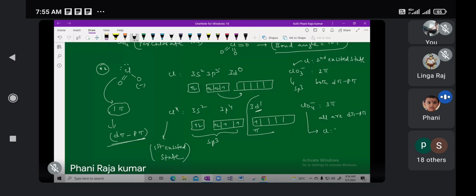Here chlorine is in the third excited state. Here also chlorine is sp3. It's an important point, the number of d pi p pi bonds. So ClO2 minus, ClO3 minus, ClO4 minus all contain only d pi p pi bonds.